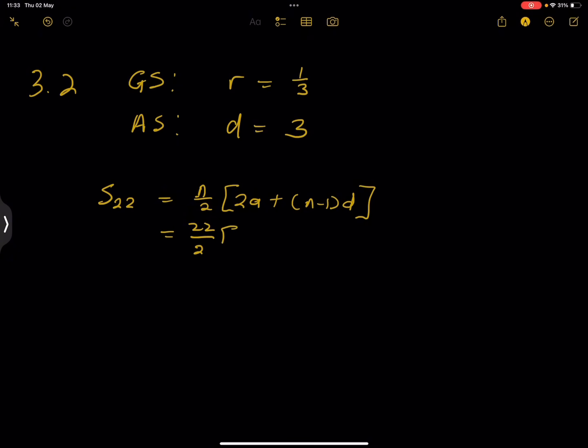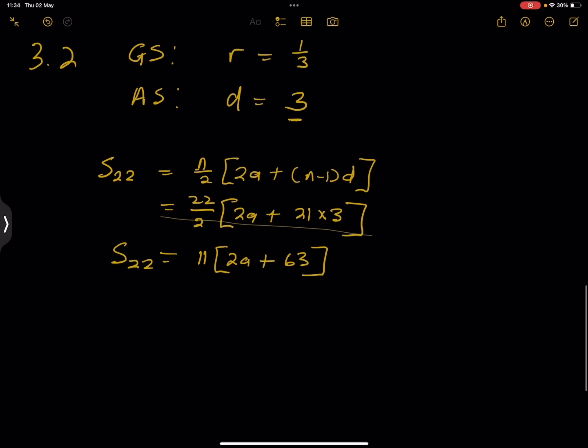So this is 22 over 2 times 2a plus (22 minus 1), which gives me 21 multiplied by the d value, which is 3. So 22 over 2 gives us 11 into 2a plus 21 times 3, which gives us 63. So that is the sum of 22 terms for the arithmetic sequence.